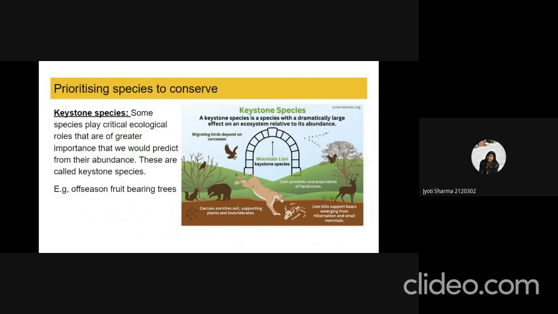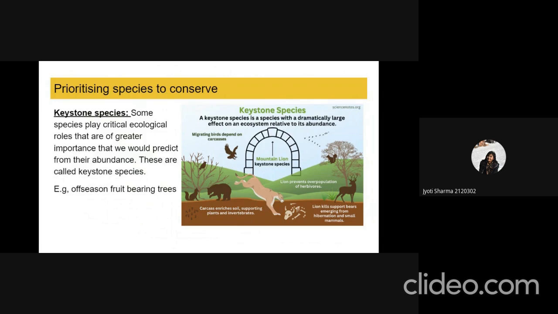It is when we have one species upon which other species are dependent, or the stability of the ecosystem is relatively more dependent on that species. For example, take the lion. A lion can perform more than one function. One function is that it kills deer.